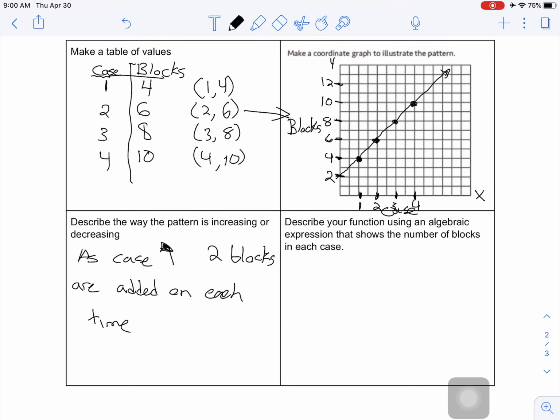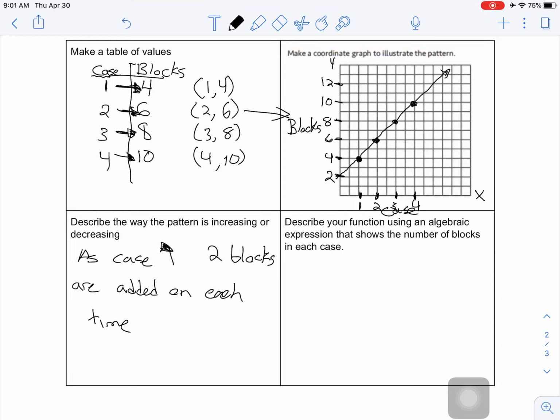And it says, describe your function using an algebraic expression. And we don't know what that is yet, so let's talk about that a little bit. An algebraic expression is something that relates any case number to any amount of blocks. So case 1 is 4 blocks, case 2 is 6 blocks, case 3 is 8 blocks, and case 4 is 10 blocks. So what would case 20 be, right?